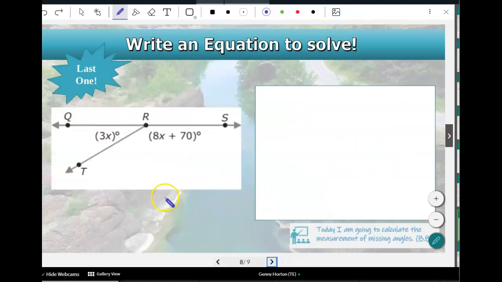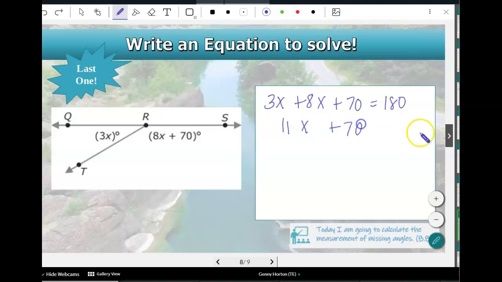All right, last one. So same idea here, but these are supplementary. So we're going to set up the equation. We have 3x plus 8x plus 70 is going to equal 180. We're going to combine the like terms. 3 and 8 is 11x plus 70 is equal to 180.